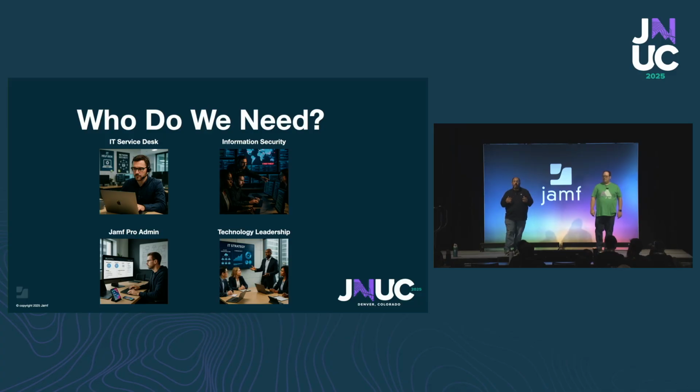And I encourage you to view these people as allies versus adversaries, because if you work together, it's much easier than working against each other. Everyone has the same goal of keeping your environment secure. And it just makes everything work smoother. Just working together is a lot easier than working against each other.